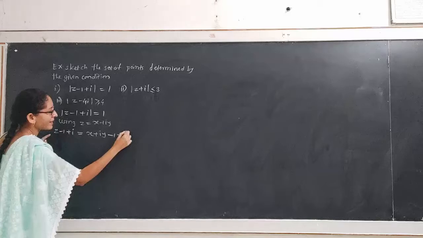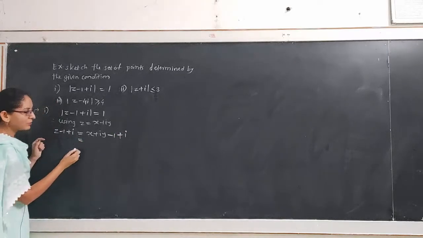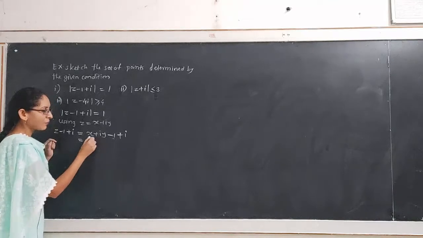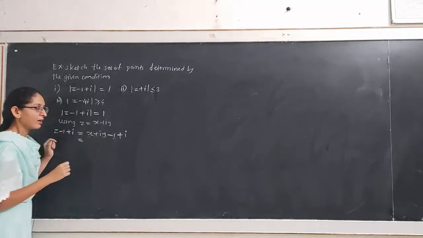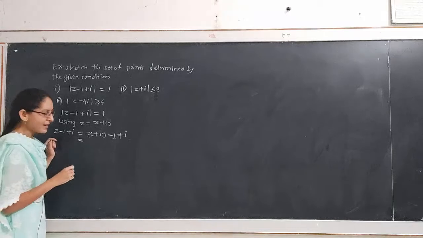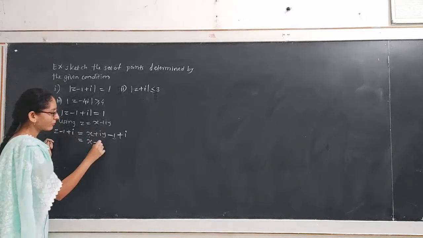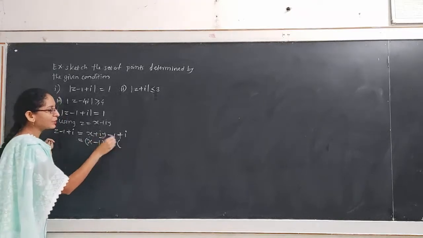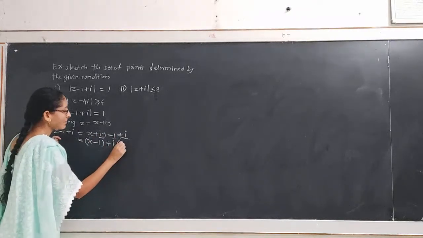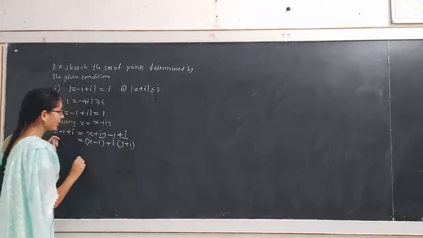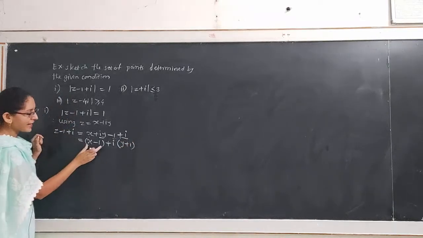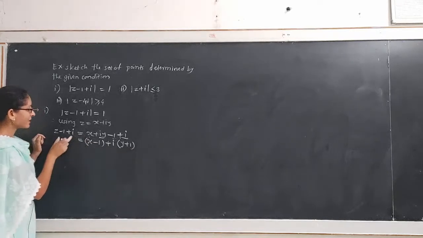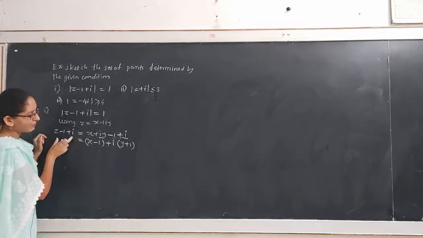x plus iy minus 1 plus i, which is equal to, separating real and imaginary parts, x minus 1, because these two terms are not coefficients of i, hence we write them in one bracket, plus, if we take i common from the remaining two terms, then we get y plus 1. Therefore, x minus 1 is the real part of z minus 1 plus i, and y plus 1 is the imaginary part of z minus 1 plus i.